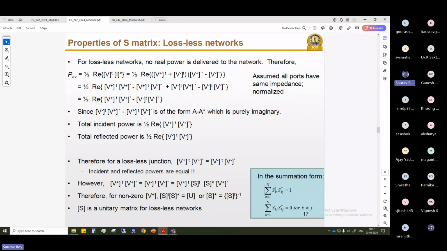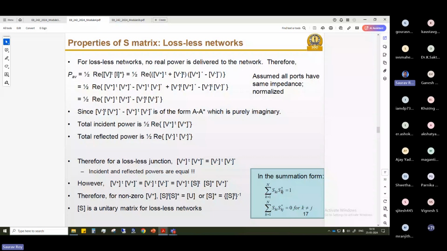These derivations you can easily find in the Pozar book. I will request you to go through that. It may not be required that much, but if you want to look at any derivation, you may need it. Because it's a matrix, it will have columns and rows, and it will be a symmetric matrix, by the way, because it's a passive network.